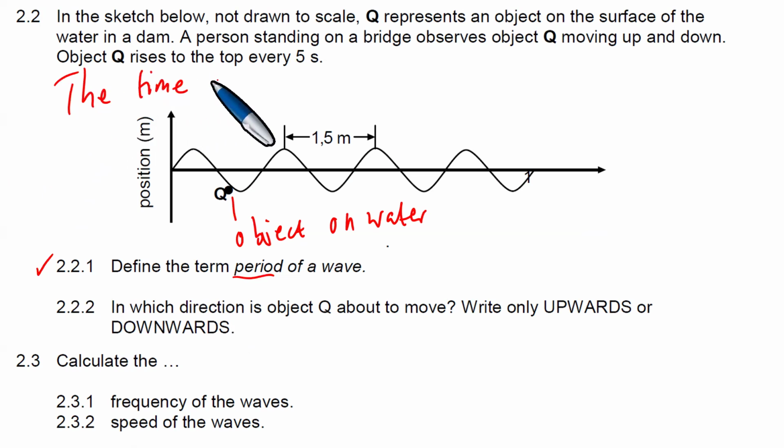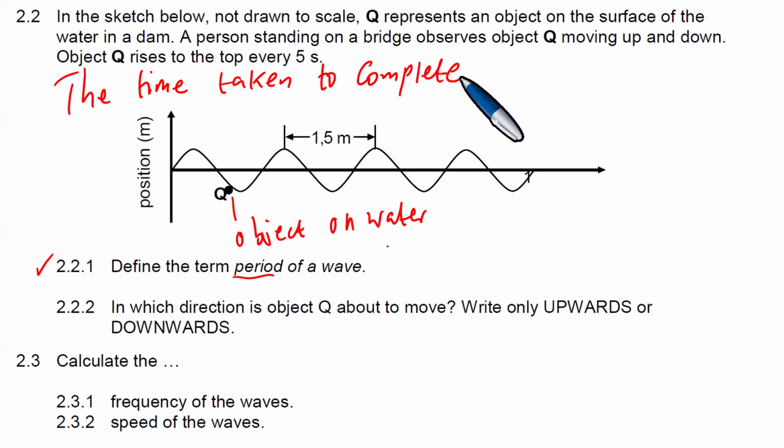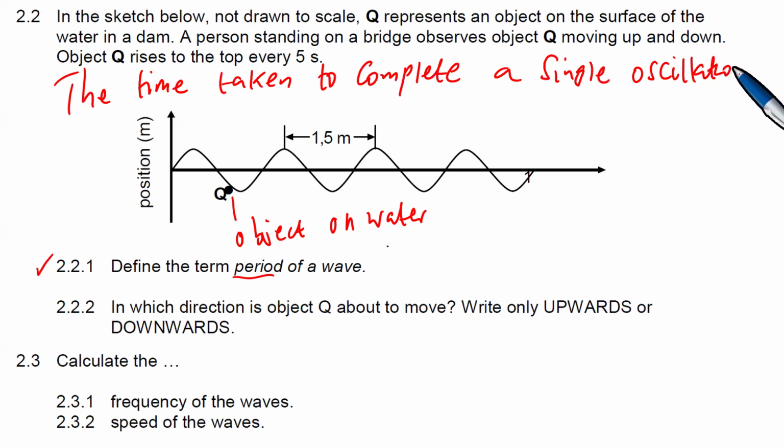We refer to the time taken to complete a single oscillation. This is called a period. Period means the time taken to complete a single oscillation.